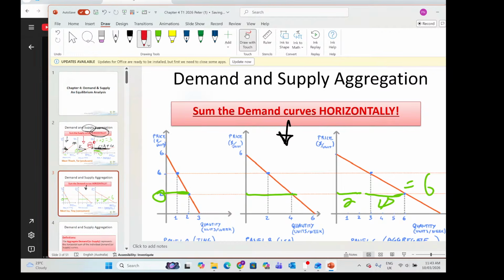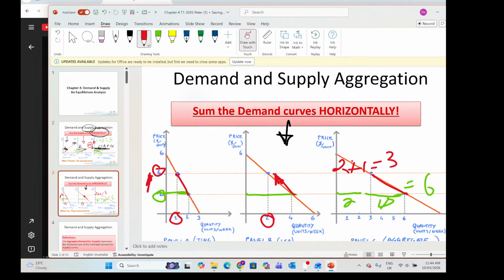In any case, when the price rises from 2 to 4, at 4 we move up the line, and now we see that Ting buys 1 and Leo buys 2. Right, so here we've just got 2 plus 1 equals 3. So each individual demand curve obeys the law of demand.